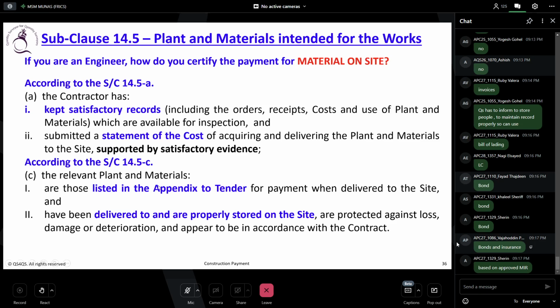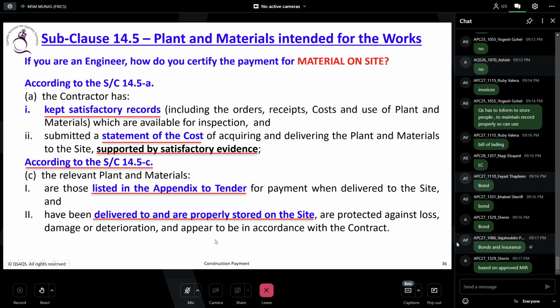So we don't want to repeat the A. Let's go to the C. The relevant plant and materials are those listed in the appendix to tender for payment when delivered to the site and have been delivered and properly stored on the site. That means delivered and stored properly. Are protected against loss, damage, or deterioration and appear to be in accordance with the contract.